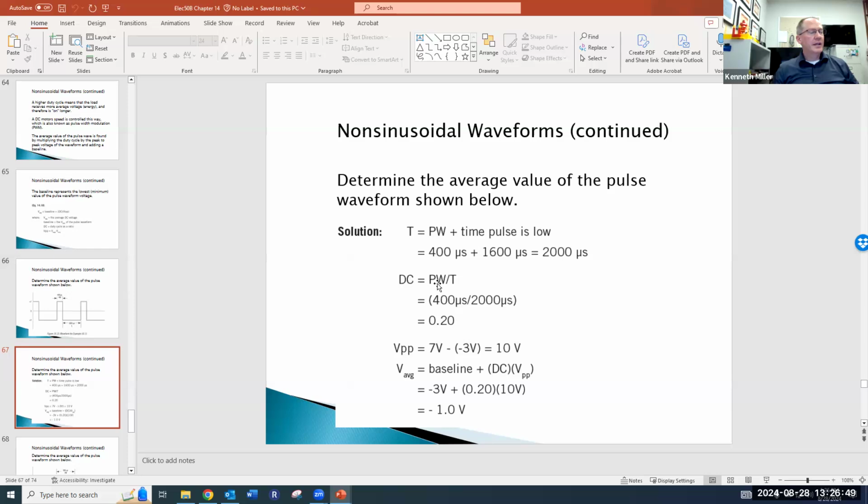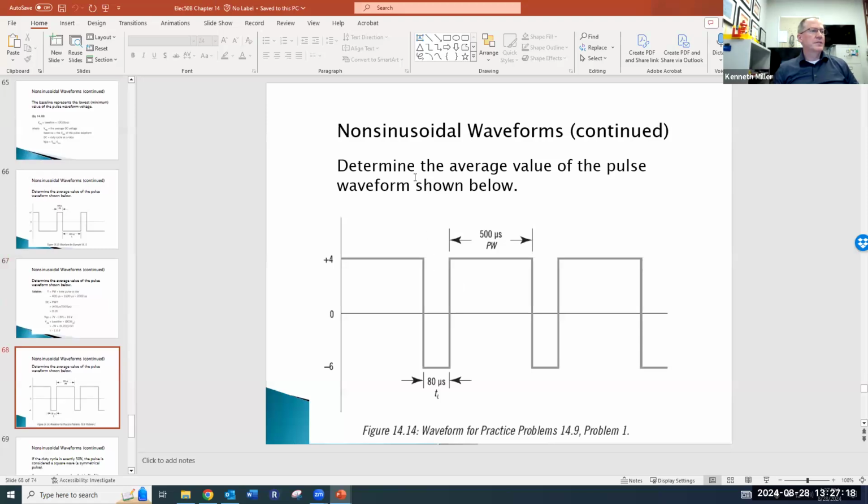And then we would take 400 divided by 2000 is 0.2. And then it's 7 volts minus -3 volts is 10 volts. And then multiply that, -3 volts plus 0.2 times 10 volts, it comes out at a -1 volt. Okay, so that's the calculations that you would do. And you'll need to calculate that for homework too.